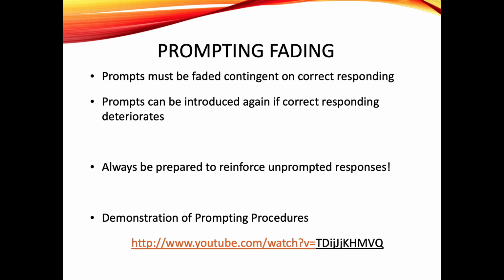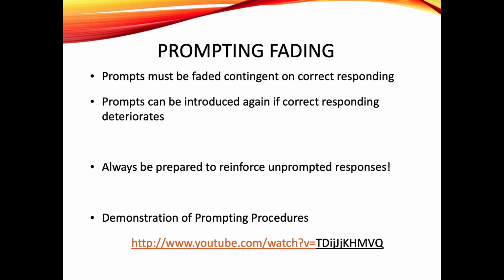We want to do it as quickly as possible, but we have to do it systematically. So often you'll see in the literature prompt fading being done contingent on correct responding. So I think in most of the examples I provided and most of the examples where you might see prompting used, we're trying to generate either a single correct response or an independent response.